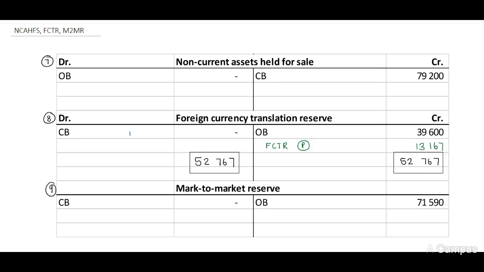And our balancing figure will be the 52767. Therefore, if you think about this, we debit our FCTR, we credit our profit and loss, 52767. And we need to quickly just indicate here, how did we get to this amount? 8778 divided by the 40 times 60.